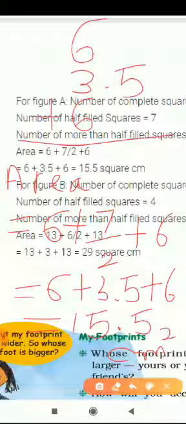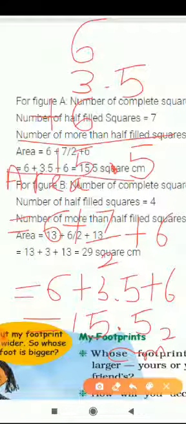Now I am adding it here, 5 as it is, point. Now 6 plus 6 is 12, 12 plus 3 is 15. So your answer is 15.5 square centimeter, right?